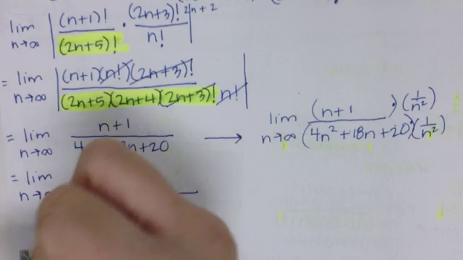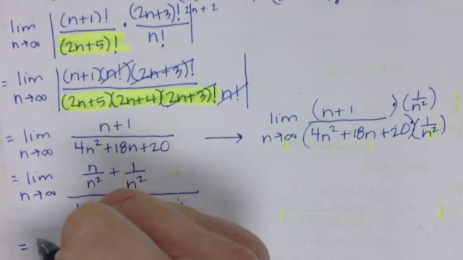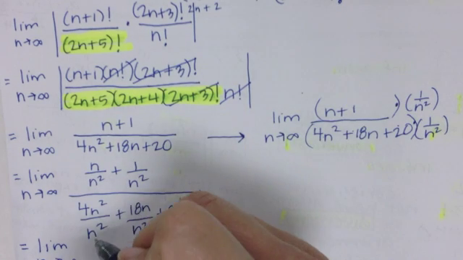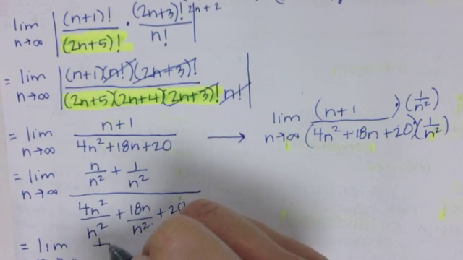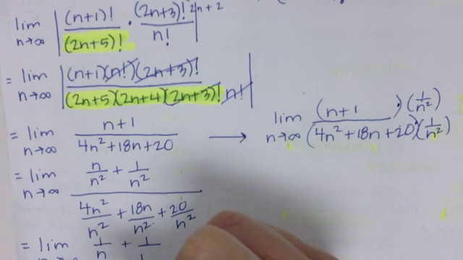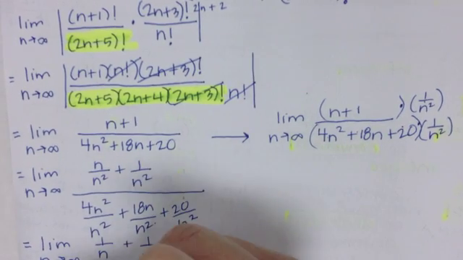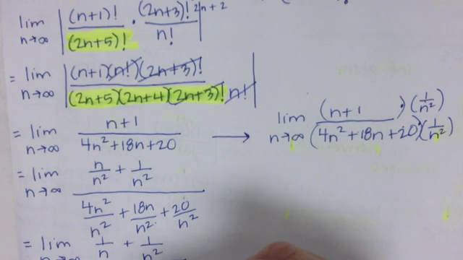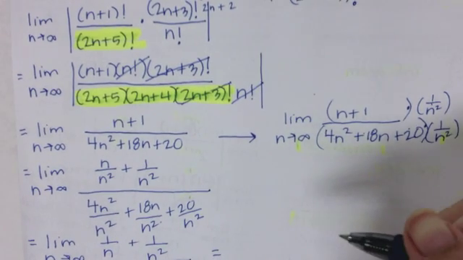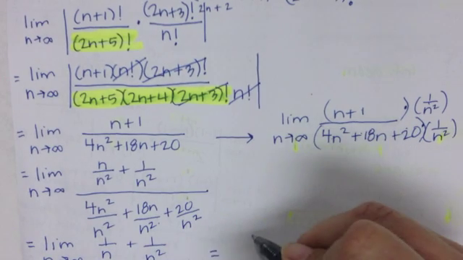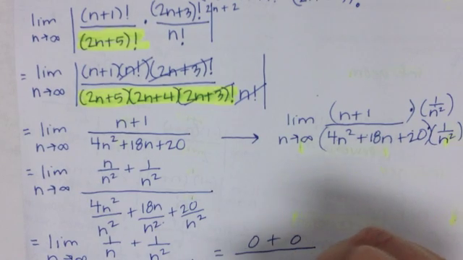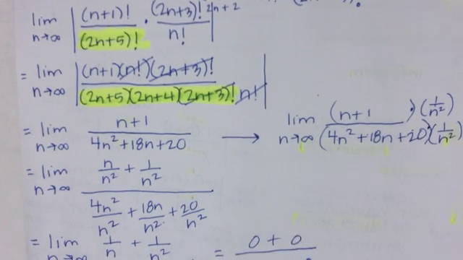So now I'm going to simplify that, and I get the limit as n goes to infinity of 1 over n plus 1 over n squared all over 4 plus 18 over n plus 20 over n squared. Now I'm going to evaluate my limit. So I'm going to get 0 plus 0 all over 4 plus 0 plus 0.